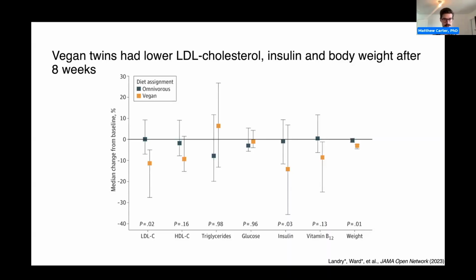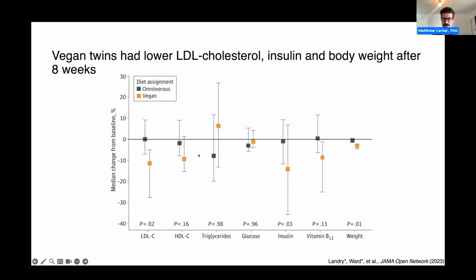What we see is that even over the course of 8 weeks, there are significant decreases in the vegan group for LDL cholesterol, insulin, and weight. So even a short change of diet like this can have some beneficial impacts on health.